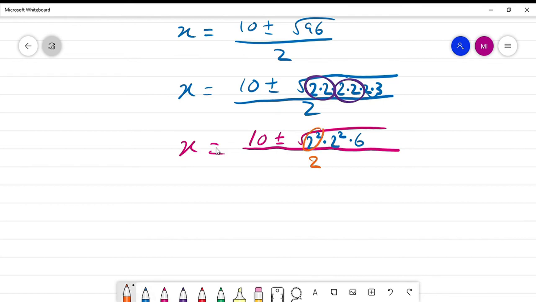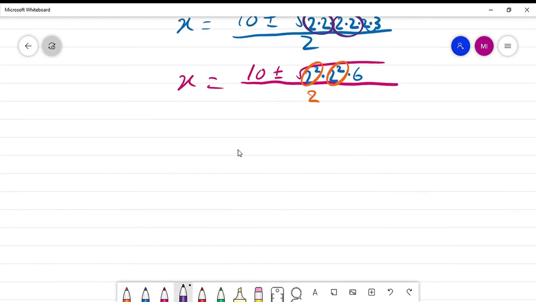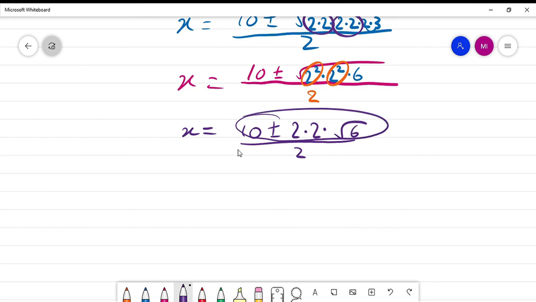So this is a square and this is a square, so they're going to come out of the under root now. So we're going to get x is equal to 10 plus minus 2 into 2 into under root of 6 divided by 2. Let's take 2 common in these terms.